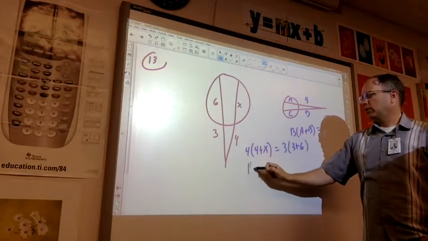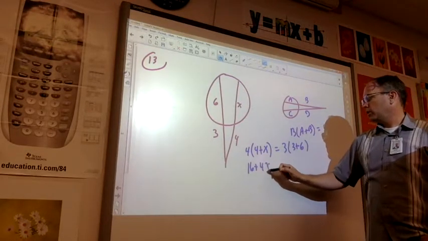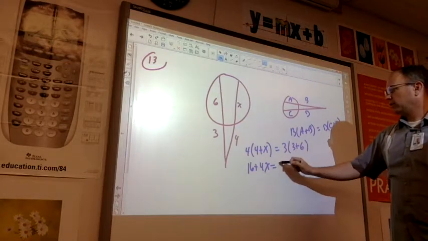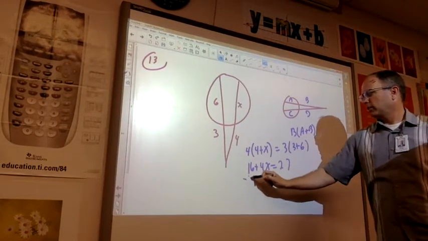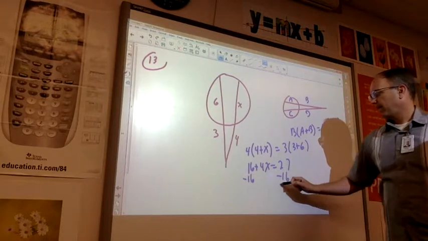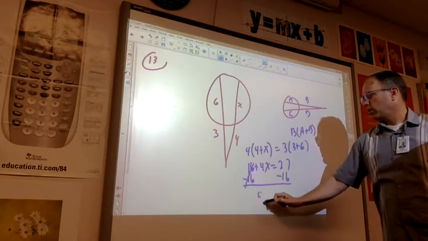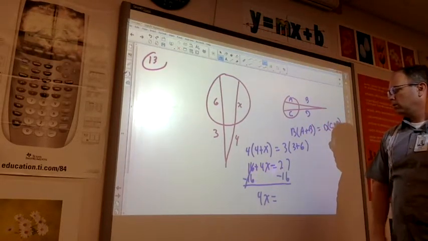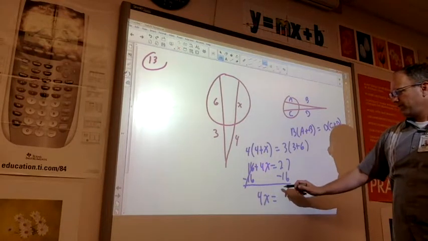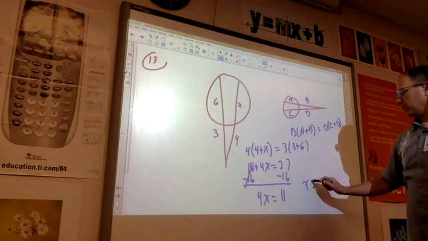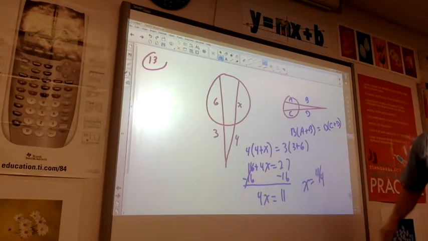So that's 16 plus 4x equals 9, that's 27. Subtract 16. That kills that, 4x is equal to 11. So x equals 11 over 4.